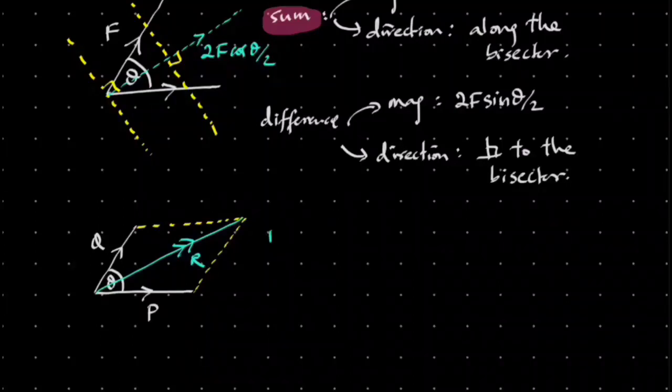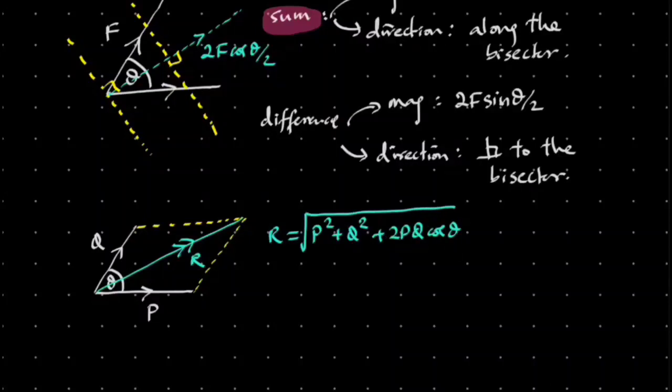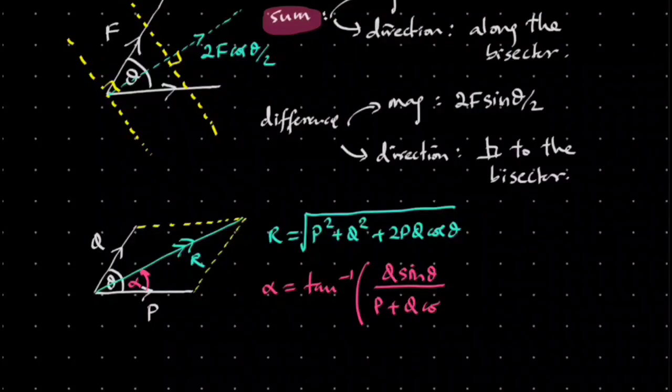The magnitude of the resultant was the square root of P squared plus Q squared plus 2PQ cosine theta. And if we consider the angle the resultant makes with the force P, that angle was tan inverse of Q sine theta over P plus Q cos theta.